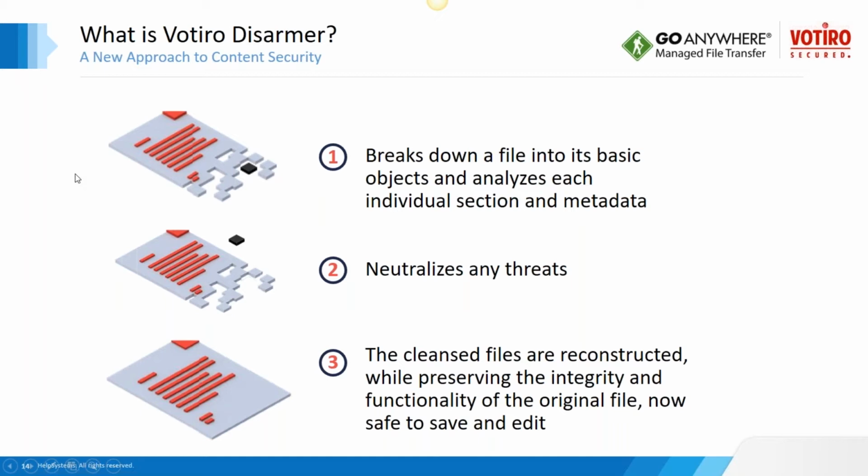Now, the file is deconstructed into basic components down to the metadata, and because Votiro has analyzed literally millions of file types and knows their formats and structures inside and out, the solution is going to leave out components that are not in line with the file structure when it's reconstructing the new version of the file. So if and when there's any malware present, it's going to be left out of the new reconstructed version of the file 100% of the time. And that's really how the technology works.